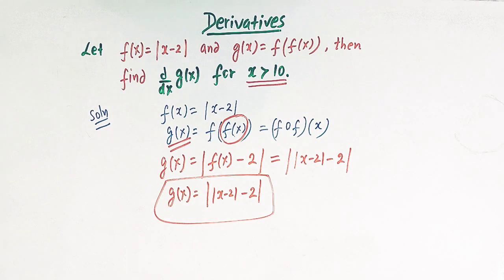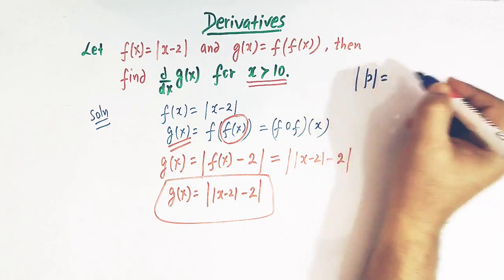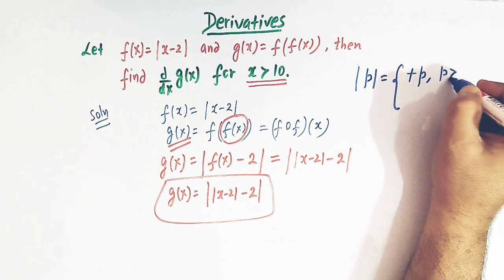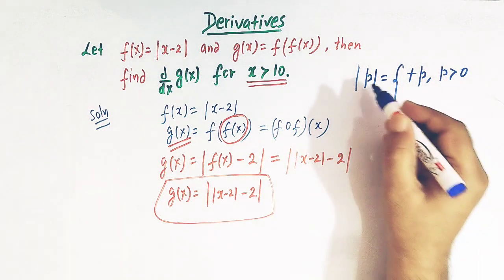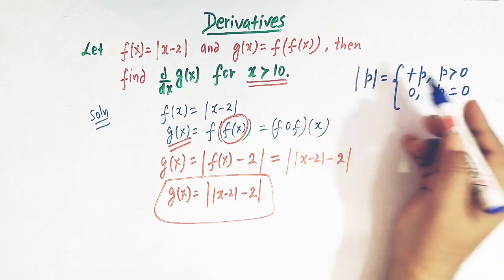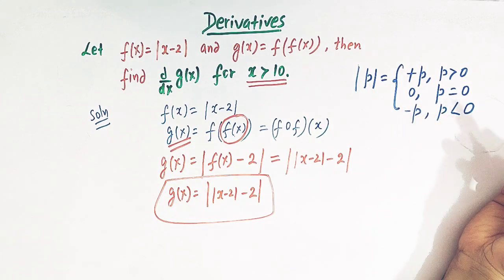So now we'll simplify this function g of x by making use of the definition of absolute value function. Now see, mod of p is defined as positive p whenever p is greater than 0, right? And mod of p is equal to 0 whenever p is equal to 0, and mod of p is negative of p whenever p is less than 0, right?